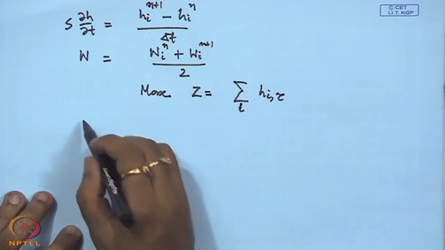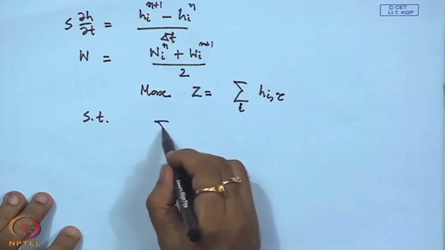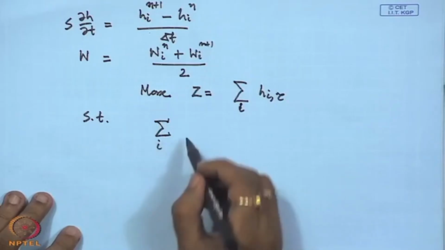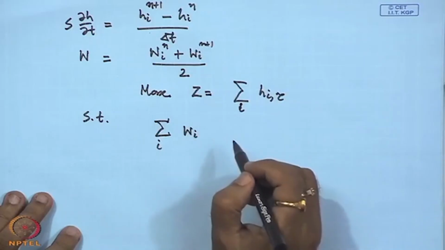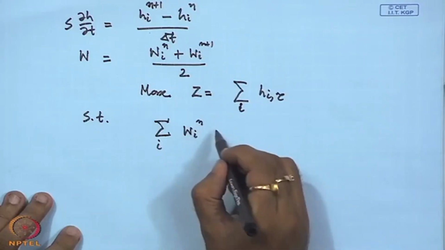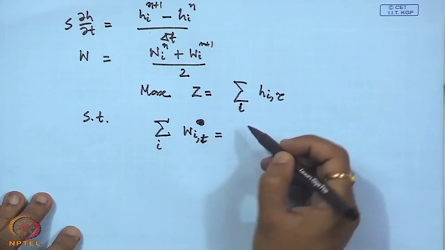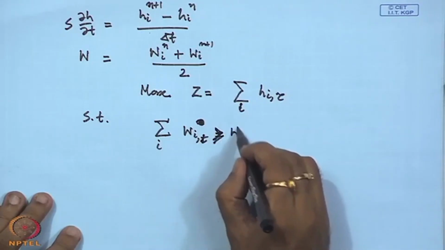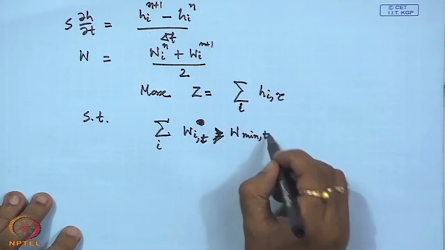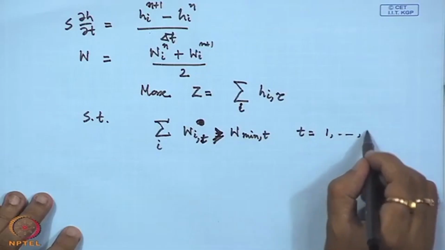Subject to the constraints, we can use W i at T level, and this is greater than or equal to W minimum at T level, and this T varies from 1 to tau.